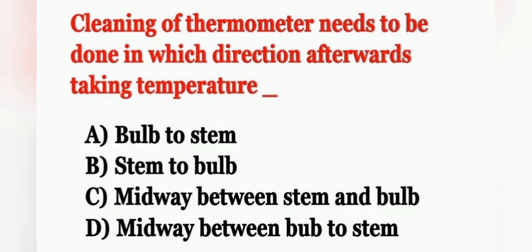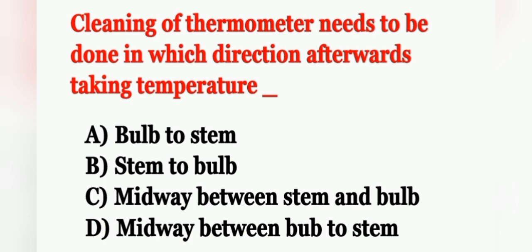The next question, in which direction should a thermometer be cleaned after taking temperature? Option A bulb to stem, option B stem to bulb, option C midway between stem and bulb, option D midway between bulb to stem.